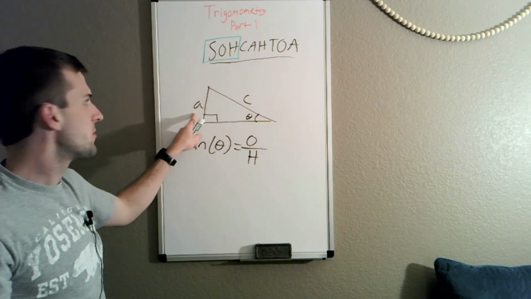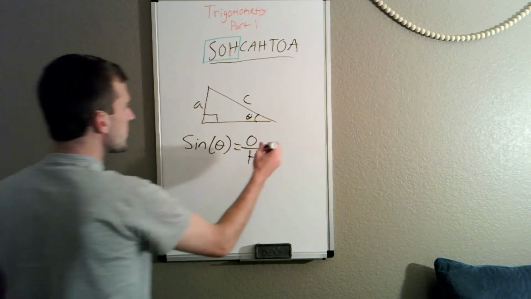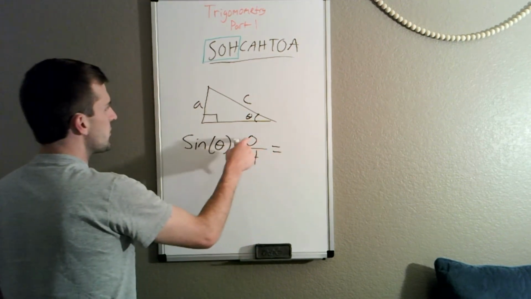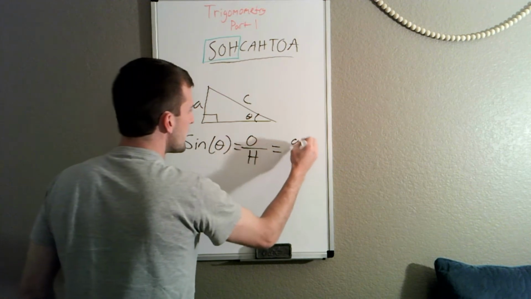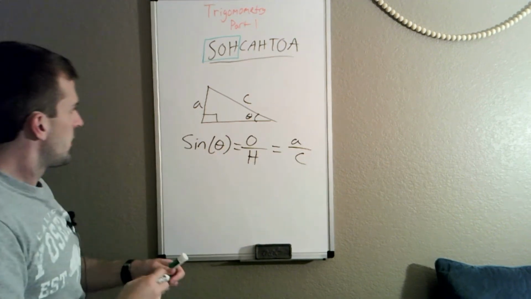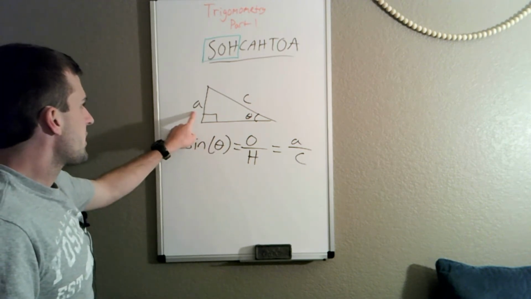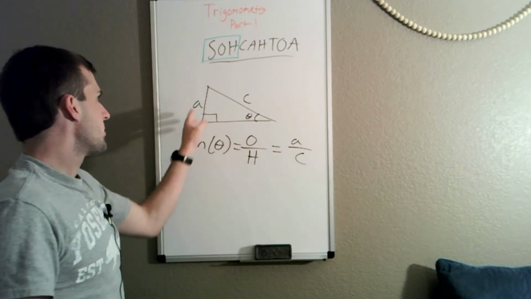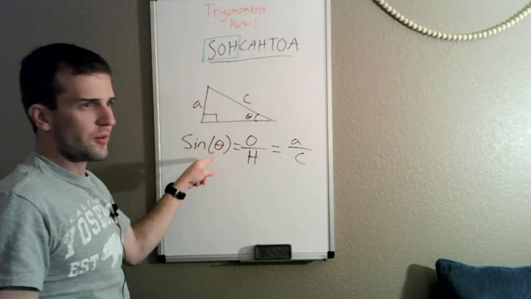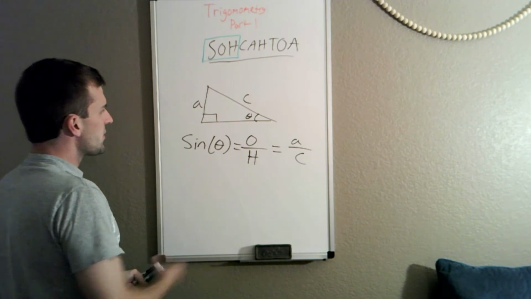Opposite is referring to the side that's opposite to the angle. So in this case, it would be opposite A over C. So if we know the angle and we know one side, we can find the other side, or if we know both sides, we can find the angle using the inverse of this function. So that's Soh.